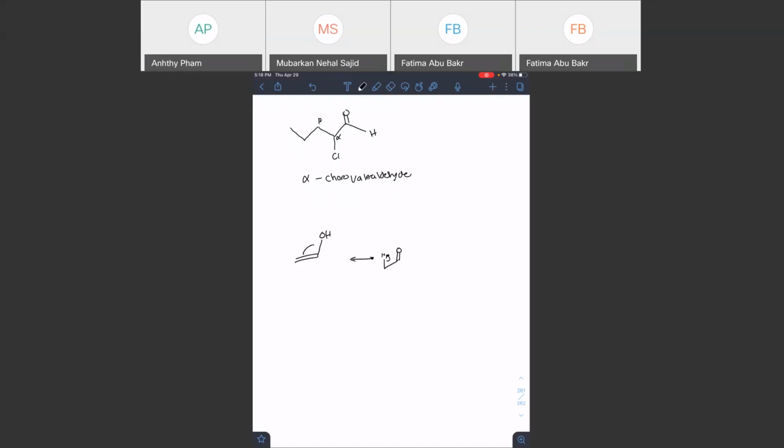But if you look into the acidity of both of them, let me draw a better molecule for a second. Okay. So in reactions, you always want to go to the side that's the least acidic.